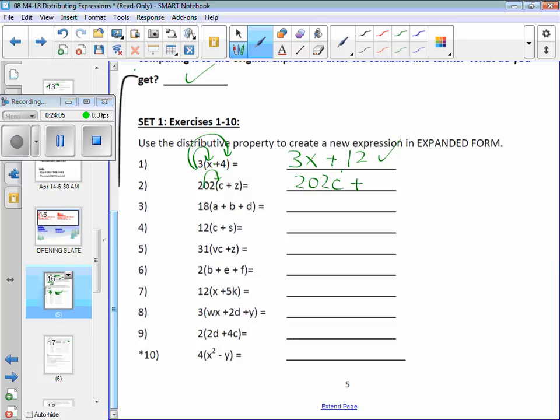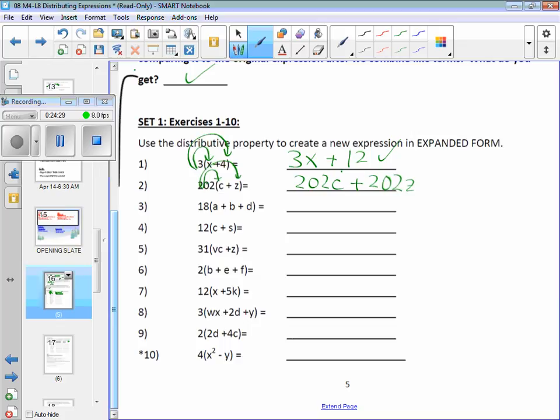Correct. What's 202 times Z? Tyler. I can't stand it either, but you have to do this because it looks really weird. 202Z. But it is what it is. We have to deal with it.